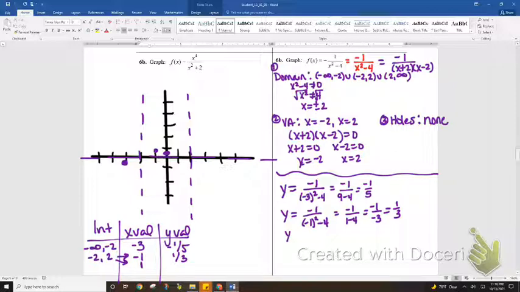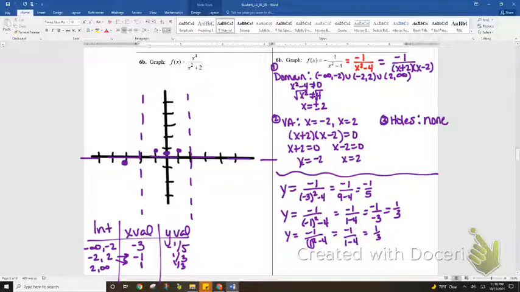So if I plug in +1, we can see it is the same, so therefore we know we're going to get 1/3. So it is going to be a little parabola shape going on here. Okay. And then we have the other side of that last vertical asymptote, so from 2 to infinity.